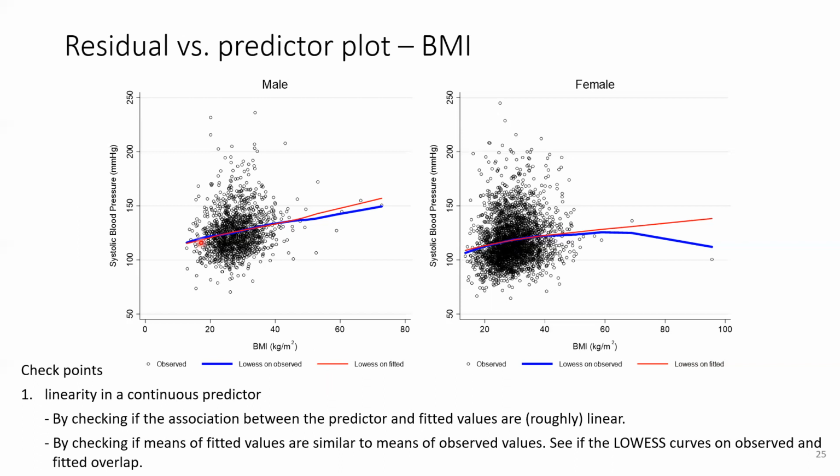And this blue line also goes along very well with the lowest curve on observed value for male and female. And we see some departure here for male and female, but we can ignore this because this lowest curve on observed is very influenced by these small outliers.